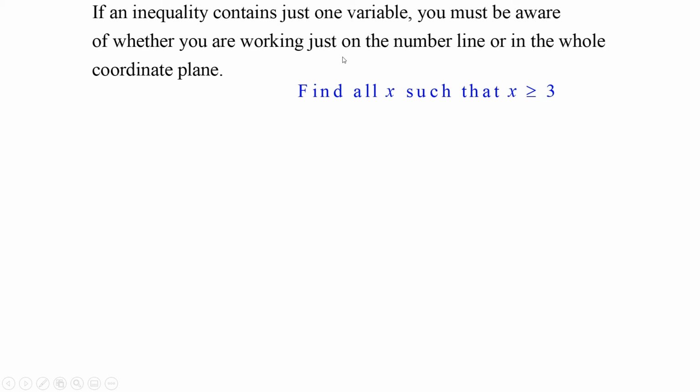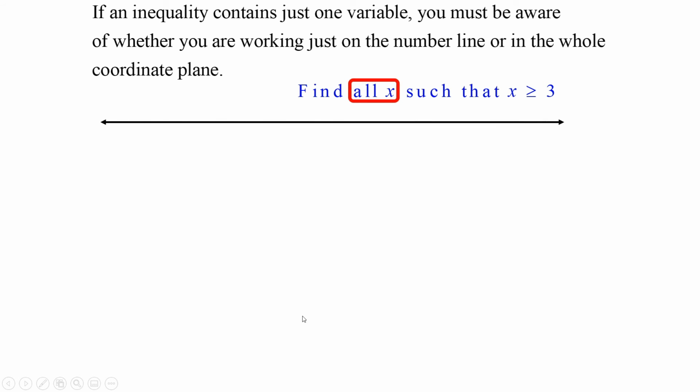That tells me we're talking one dimension here. We're talking about a number line. Find all x such that x is greater than or equal to 3. So there's my number line, and the key number on that number line would be a 3.